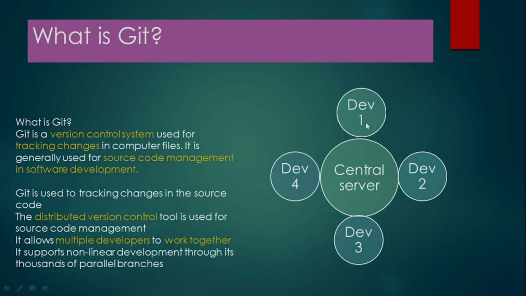Dev 1 is working on module 1, dev 2 on module 2 and dev 3 on module 3. And developer 4, the senior, has already worked on some of that same code and pushed it into the central server. The central server is nothing but a GitHub account.